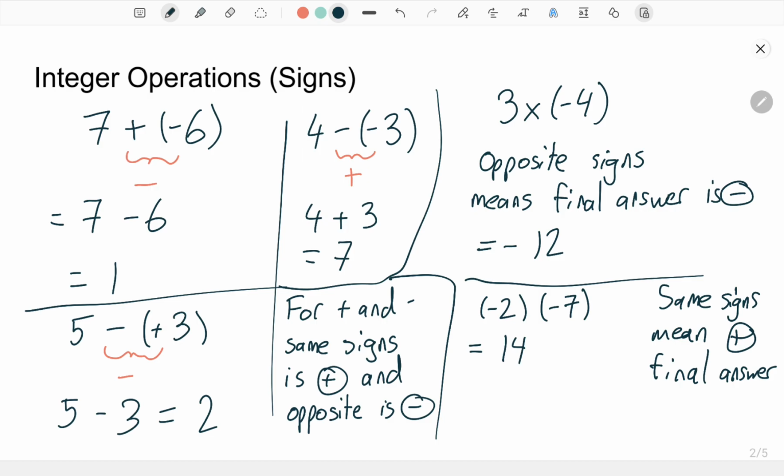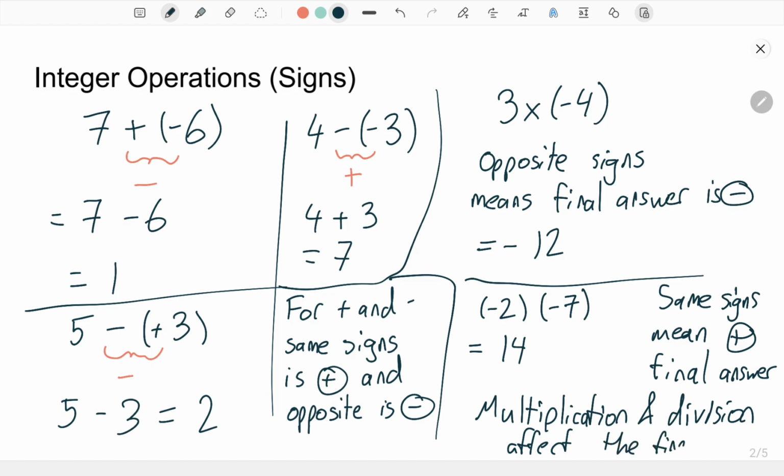So what's the key difference between the two? Well, the key difference is mostly multiplication and division, just write this down here, affect the final answer.